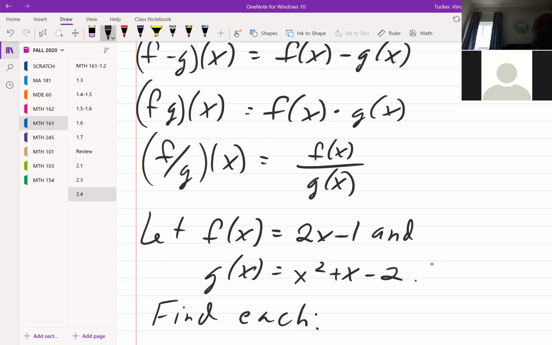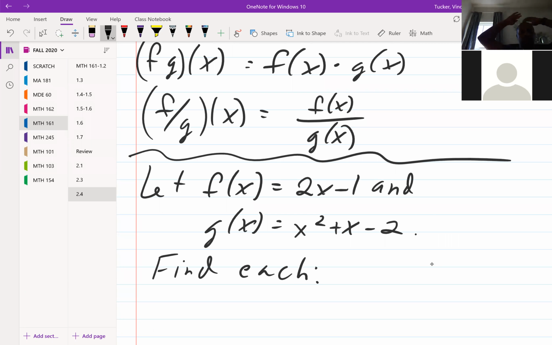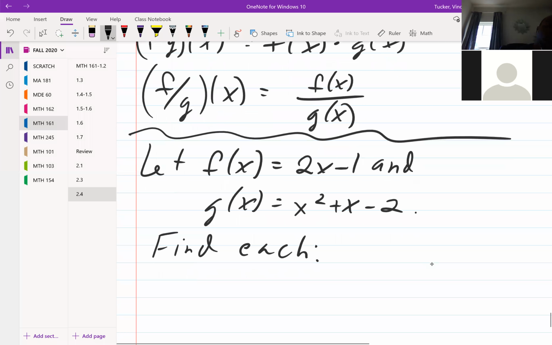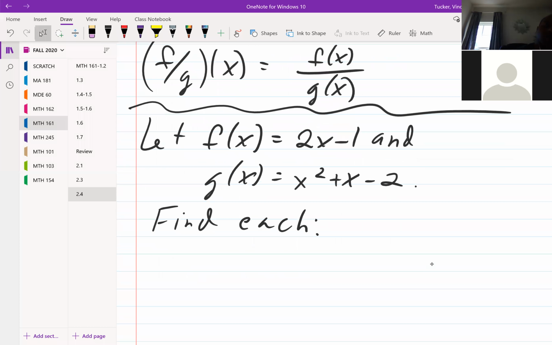All right, so if they give us f of x to be 2x minus 1, and g of x to be x squared plus x minus 2, it tells us to find each. They give us f plus g of x.